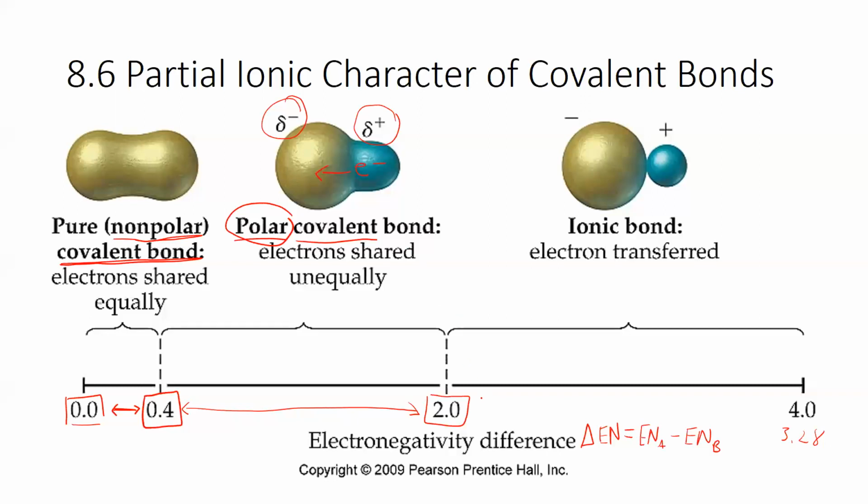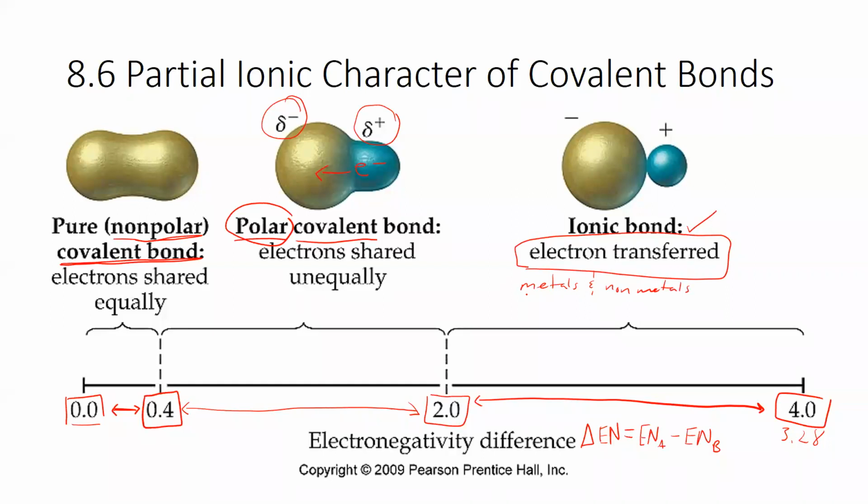Beyond 2, from 2 to, as this one says, 4, really it's 2 to 3.28, those two elements are sharing the electrons so unequally as to consider them to have essentially transferred an electron entirely. And that's where we get an ionic bond, right? That's something you'll find primarily, or really only, with metals and nonmetals.